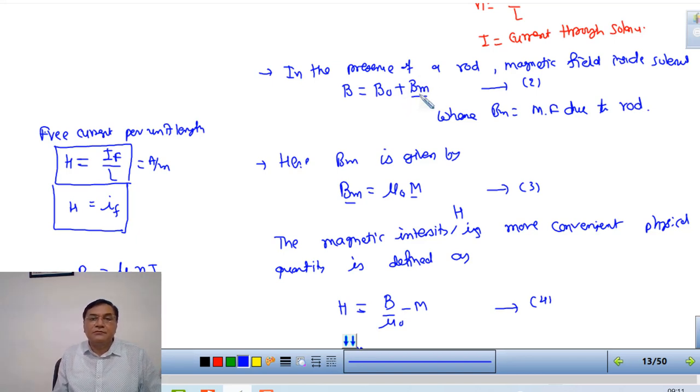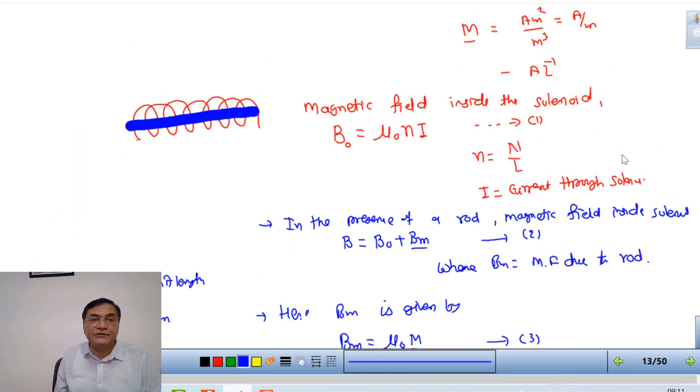Now Bm is also a magnetic field, so this magnetic field must be produced because of some type of motion of electrons inside this rod.